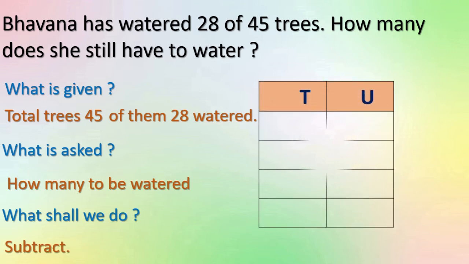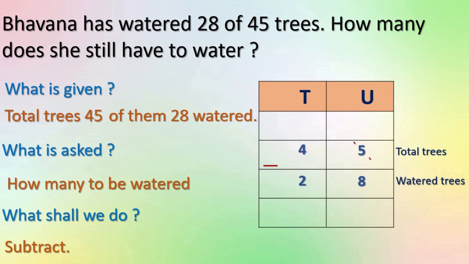Okay, we'll make a table. Let us write 45. These are total trees. Minus, this is 28 watered trees. Now, we will carry out the subtraction. 5 minus 8 is not possible.